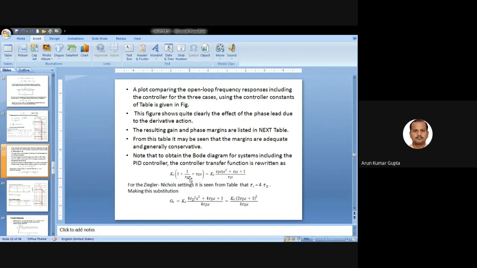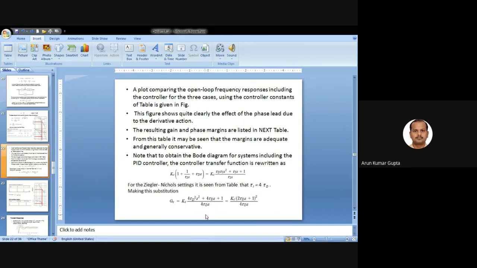Here they are also showing an additional part. The GC is given by Kc times 1 plus 1 upon tau I s plus tau D s. We can rearrange and write it in this form also, right? And here you can simply substitute the values in terms of PU and KU, in a simplified form.